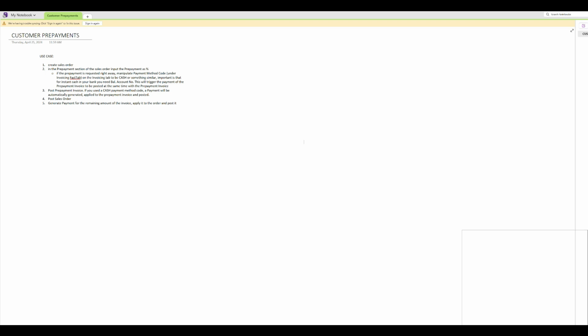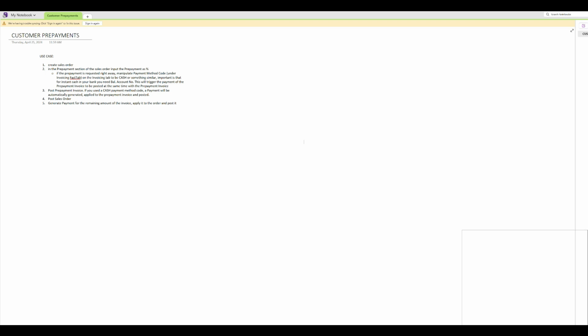For example, if our company is providing residential services like fixing roofs or redoing roofs or building a pool or building a fence, sometimes the company asks for a deposit, and that translates in Business Central into a prepayment, because we will have a sales order.